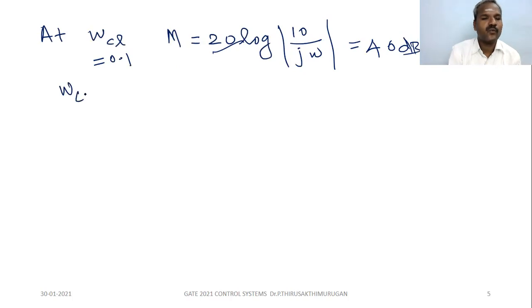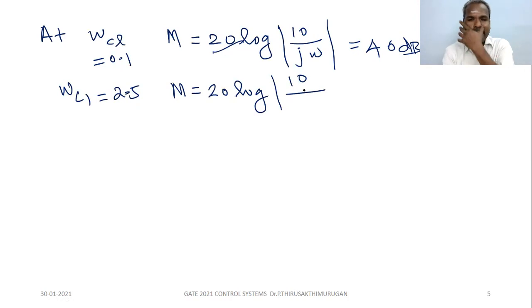Similarly, at omega C1 equal to 2.5 radian per second, the same factor is continuing up to the next corner frequency. So magnitude equal to 20 log 10 by omega value, same value, 2.5. Dear students, please calculate 10 by 2.5.